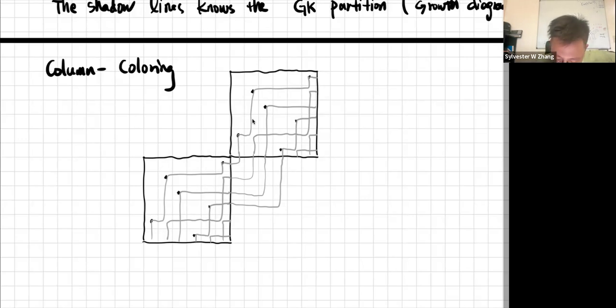Okay, I just need to make sure that I'm not making any mistakes. Oops. So, okay, let me try to do this whole thing again. Okay, this is the first step of your shadow line construction.